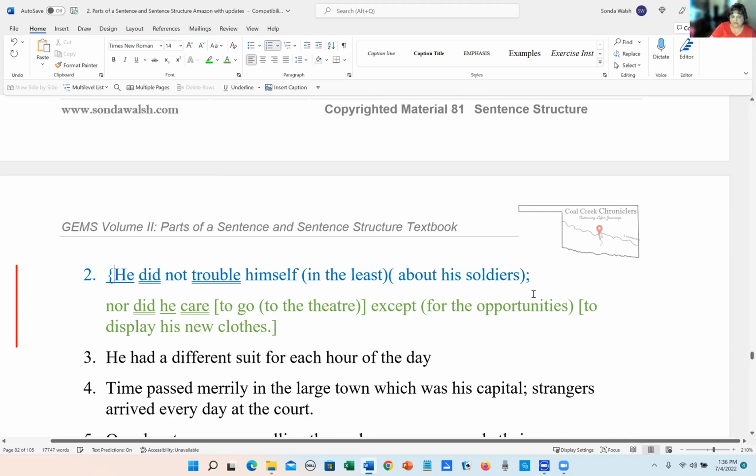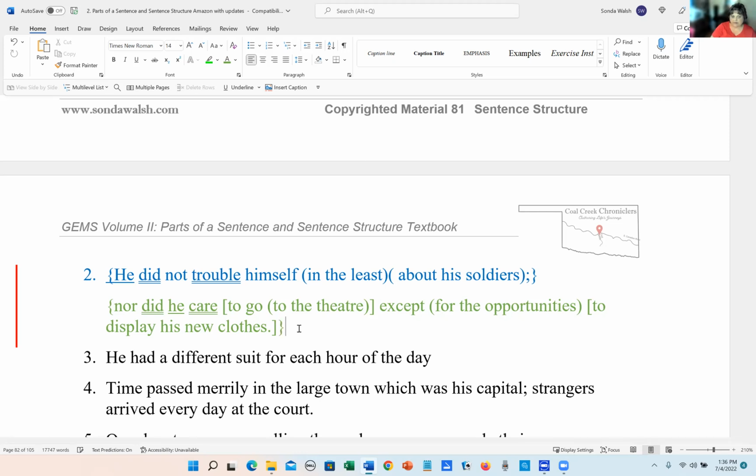He did not trouble himself in the least about his soldiers. And I just broke that at the semicolon. And then here, nor did he care. And then all of this is just modifiers. Okay, so I go to my subject and it should read nor he did care.